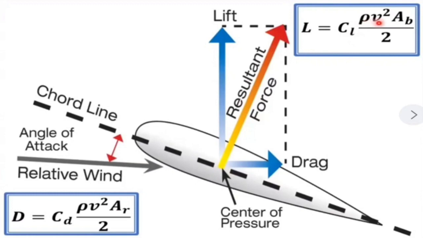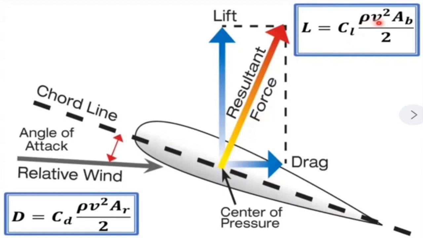The lift and drag forces on the wind turbine blade can be expressed using the lift and drag formulas along with the dynamic pressure of the wind. First is the lift force, where L is the lift force, C subscript L is the lift coefficient, rho is the density of the air, V is the velocity, and A is the reference area of the blade, or the area of the wind turbine blade perpendicular to the wind.